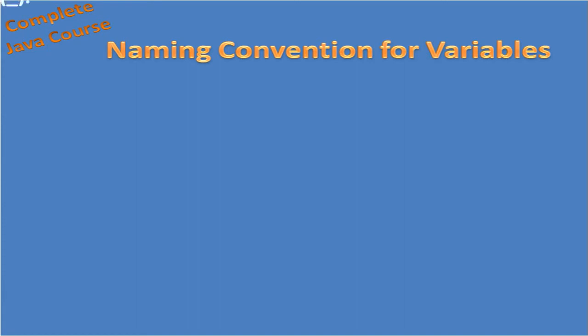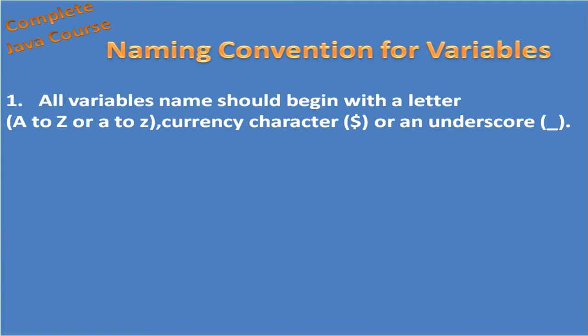Now we will talk about the naming convention for variables. Number 1, naming convention. It means what rules are used when we give the name of the variables.